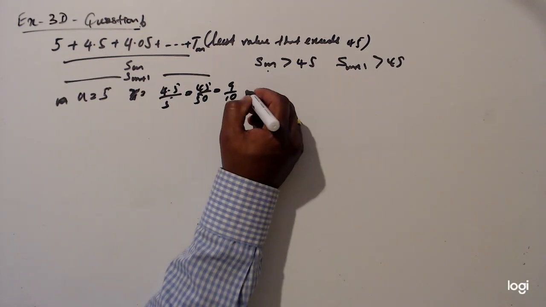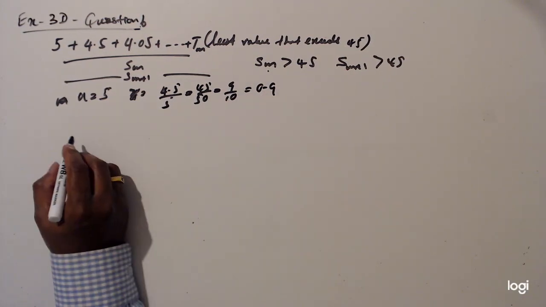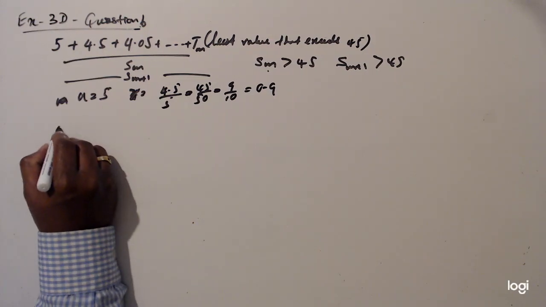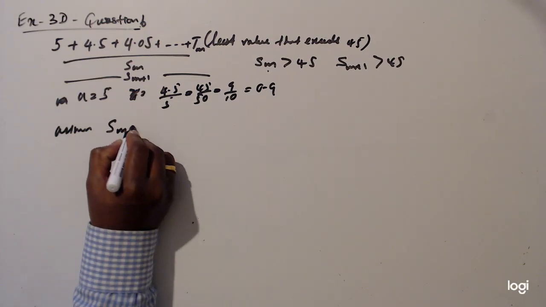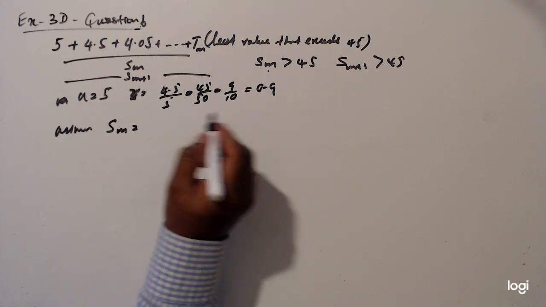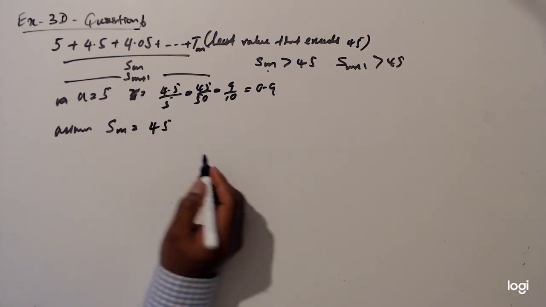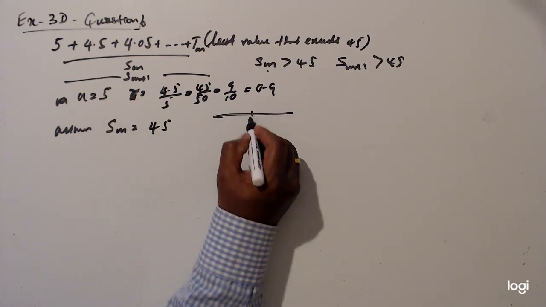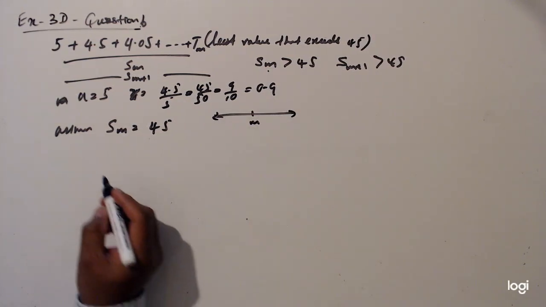Yeah, we will use 0.9. Then assume Sm equals 45, and we'll work out the cutoff point, what is this m value in the number line.